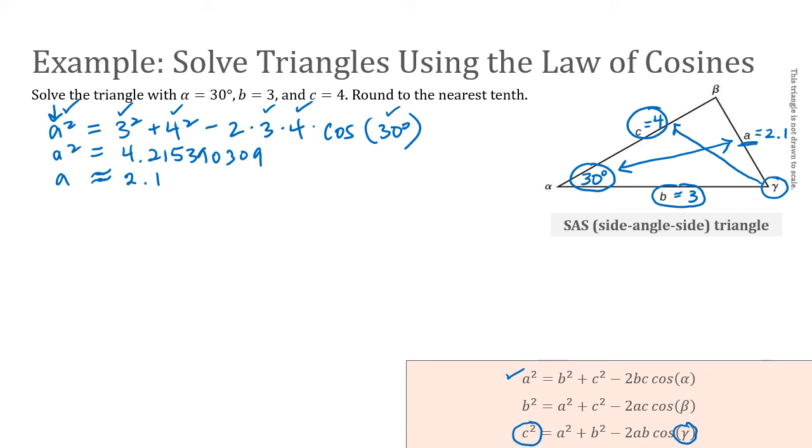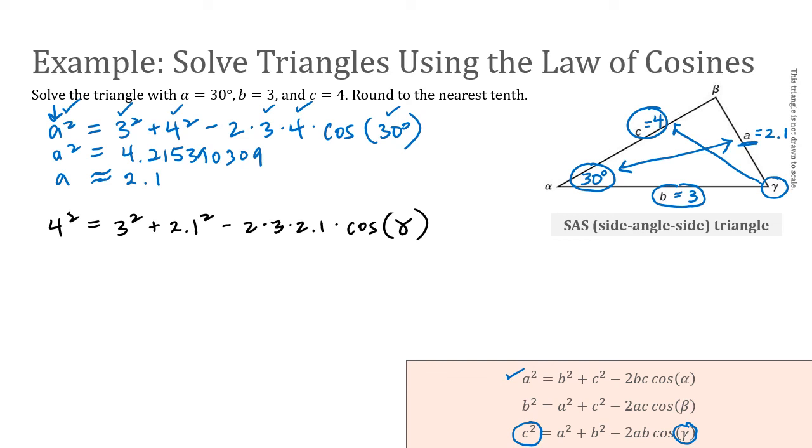I'm going to say that 4 to the second power is equal to that 3 to the second power, and then that 2.1 to the second power, which again, I'm not going to put 2.1 on my calculator. I'm going to put the full number in there, minus 2 times 3 times 2.1 times the cosine of gamma.